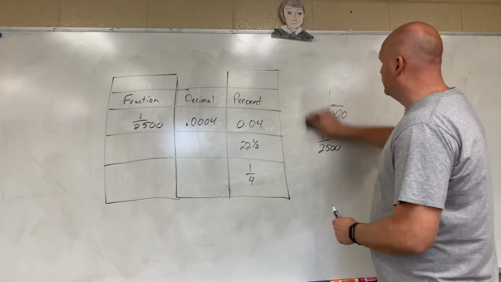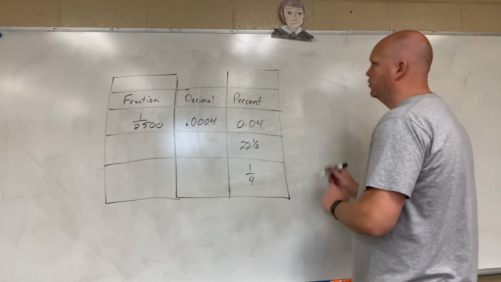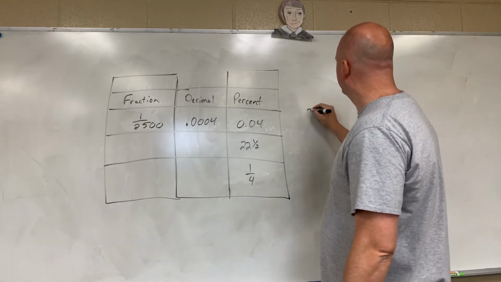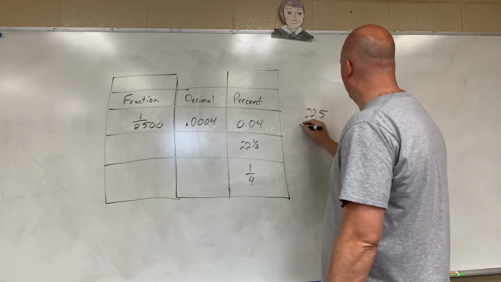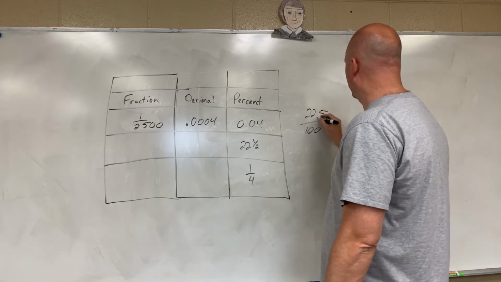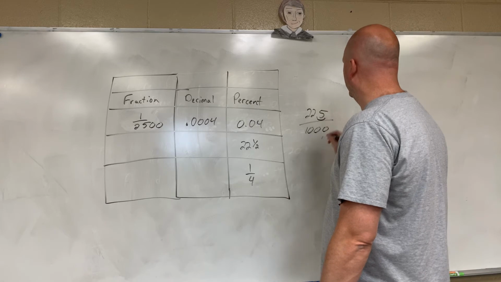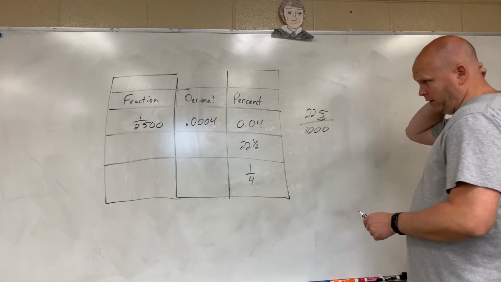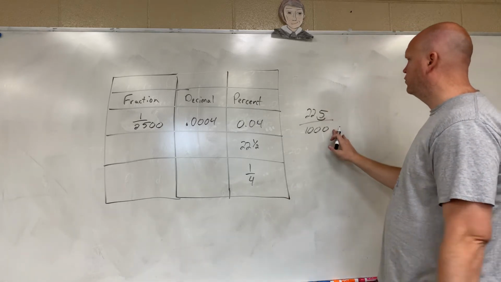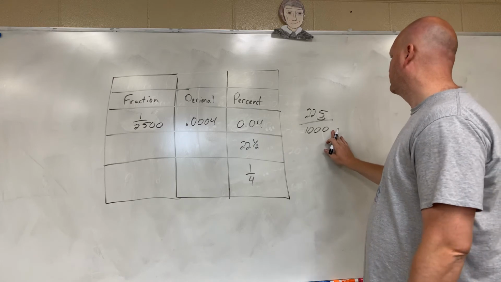22.5%. You could do it the same way if you wanted to do fraction first. 22.5 over 100. We've got to get rid of the decimal, so we move it over 1 and have 225 over 1,000.